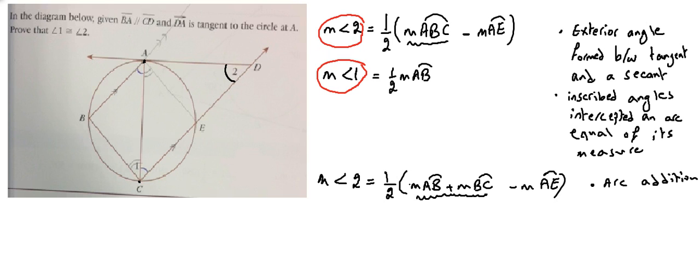I need to just have half the measure of arc AB, so the measure of angle 2 will be equal to half the measure of arc AB, and then it will be equal to the measure of angle 1. How to do that? I should cancel these two measures, and to have them cancel, the measure of arc BC should be equal to the measure of arc AE.